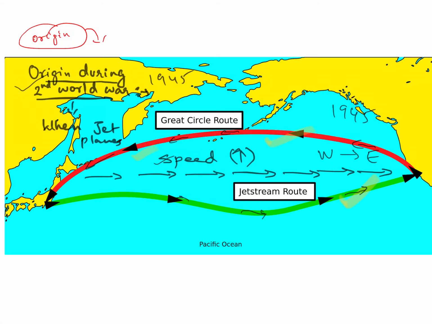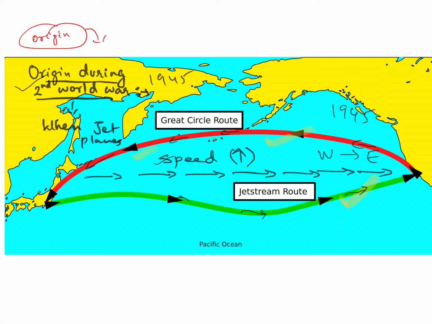Now look at how this concept was discovered or originated. During the Second World War, when planes were moving across the Pacific from the American side to the Japan side to launch the atomic bomb there, or coming back from Japan crossing the Pacific to America, the plane speed changed.